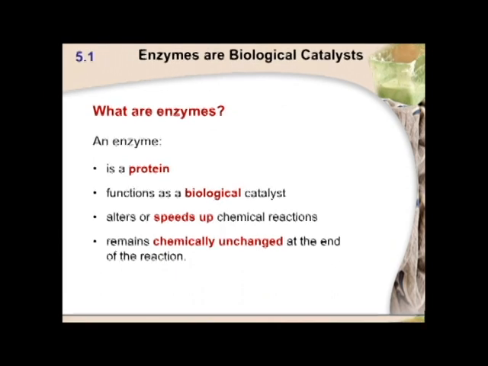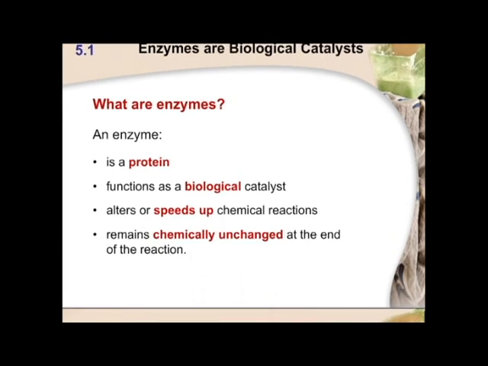Okay, next we look at what then is an enzyme and how is it related. So while we understand that a catalyst, number one, must actually speed up the reaction. The second one is that at the end of the reaction, they remain chemically unchanged.